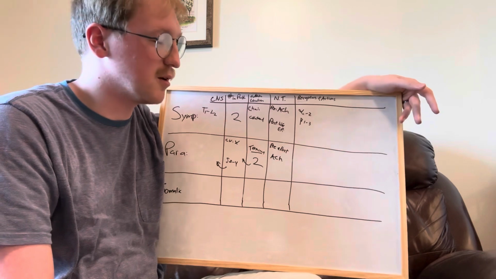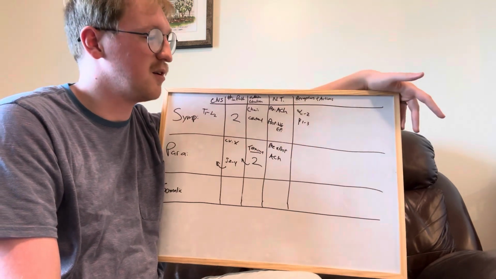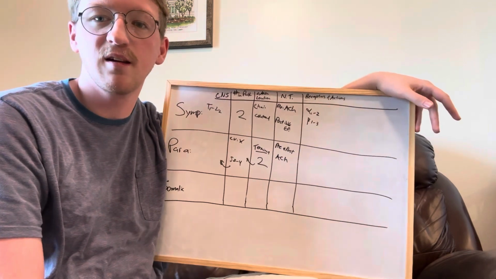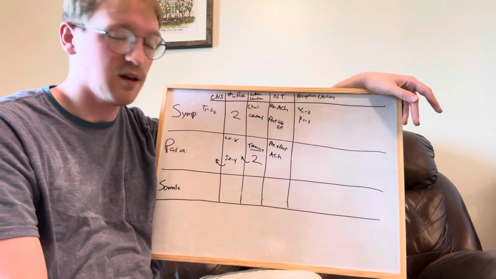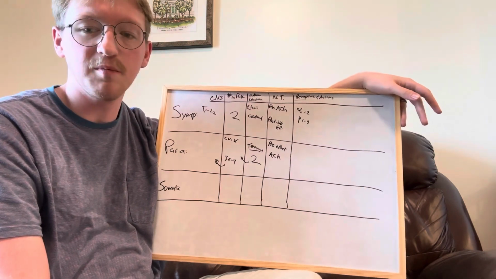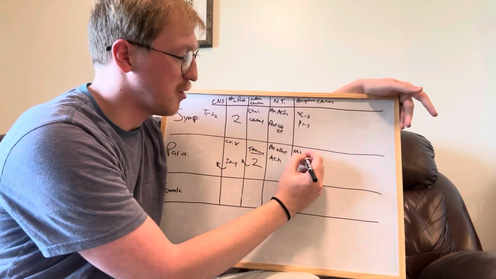This acetylcholine will be released on both of those. And this is known as the rest and digest type of nervous system, and it mostly innervates muscarinic receptors, so that's M1 through 5.